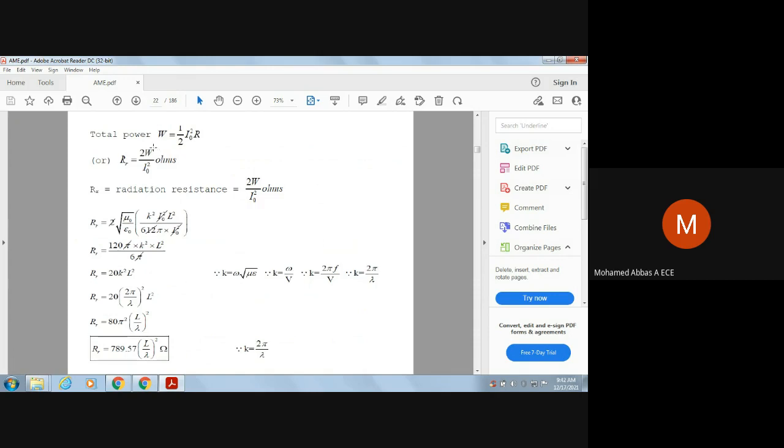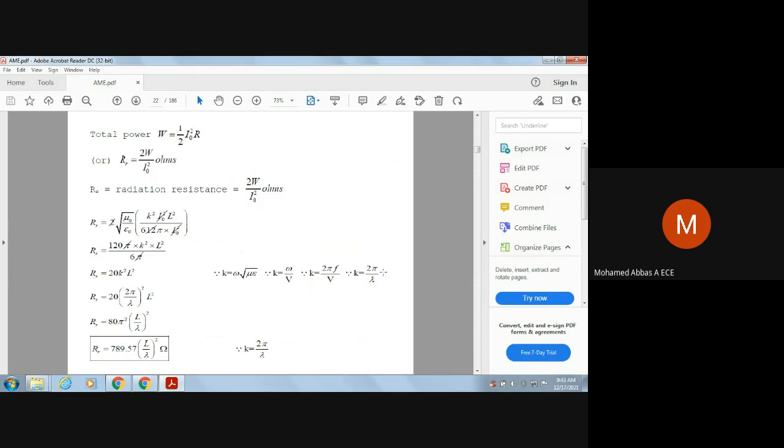Already we know the equation for W. That equation is substituted here, and finally we get R_r is equal to 20 k square dl square. So k is 2 pi by lambda.